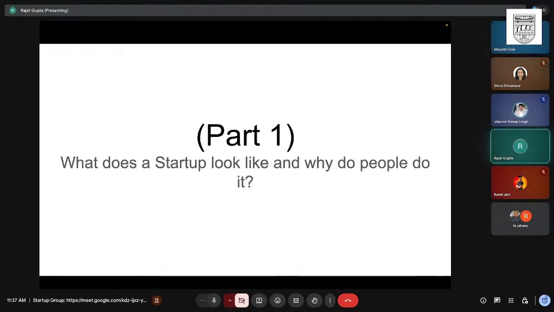Okay, let's dive into the topics. The overall theme here is what is a startup and why do people really do it? The reason I wanted to cover it is that several of you might have noticed in our WhatsApp group for startups that there are a bunch of people doing a variety of things.